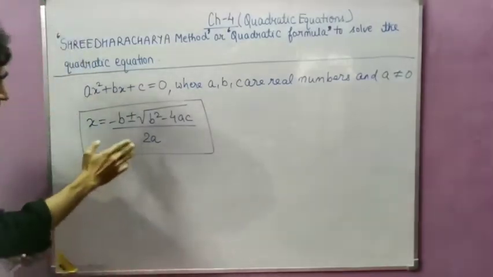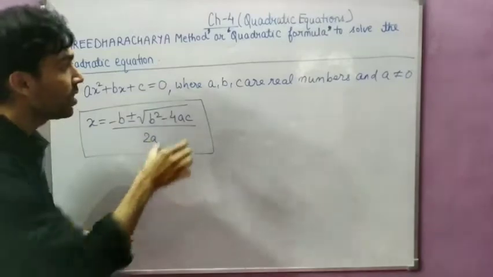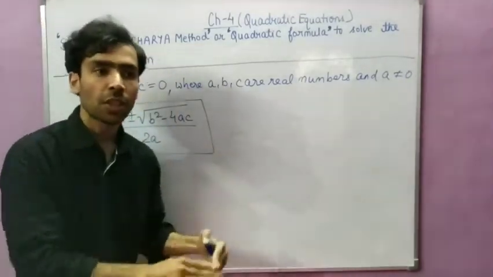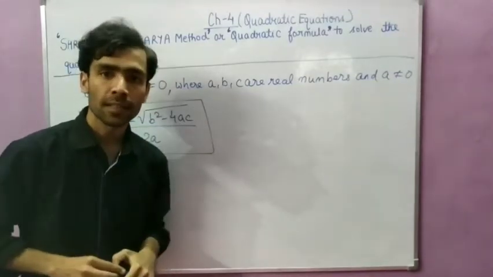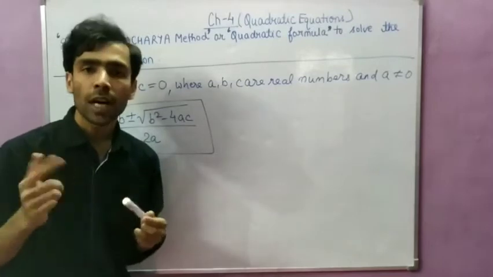This can also be written as, see, here is plus minus. Because it is a quadratic equation, and we all know the degree is 2, we will get two values of x. So what are the two values?